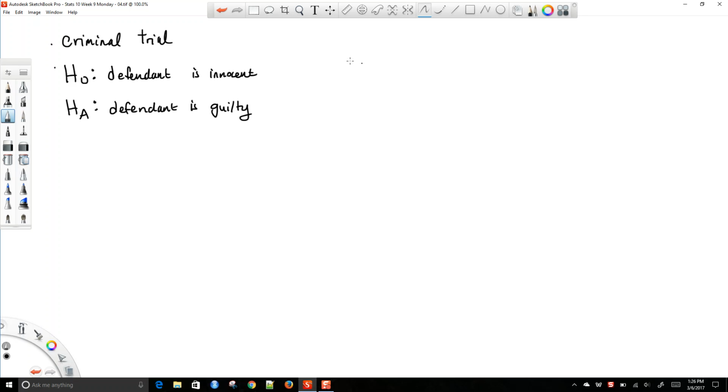It is the prosecution's job to present evidence to the judge and jury to convince you that the null hypothesis is false and that the alternative is true.